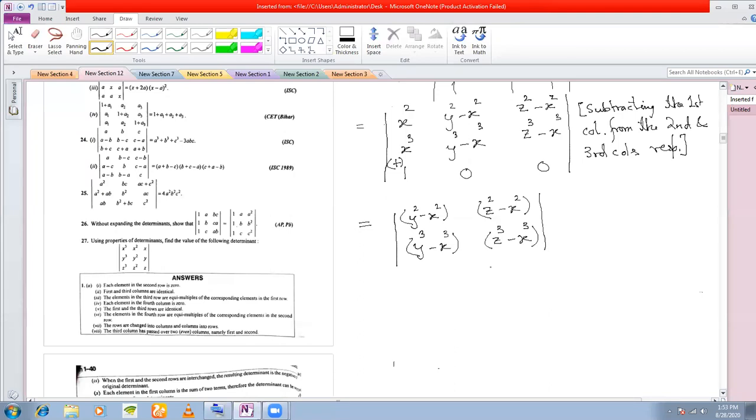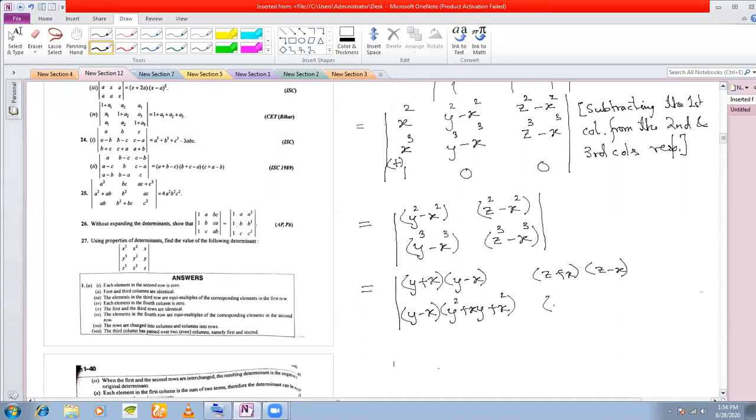Okay. Now before expansion of this 2 by 2 determinant, we take out a common factor. We have this as y plus x into y minus x, and this as z plus x into z minus x. And y cube minus x cube is a minus b into a square plus ab plus b square.